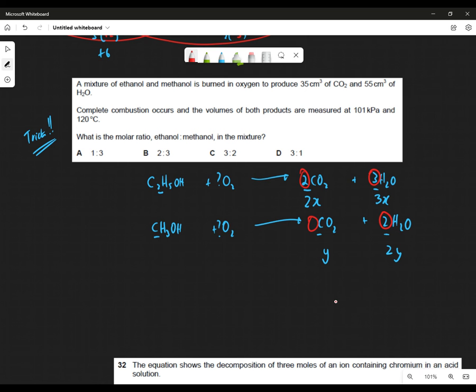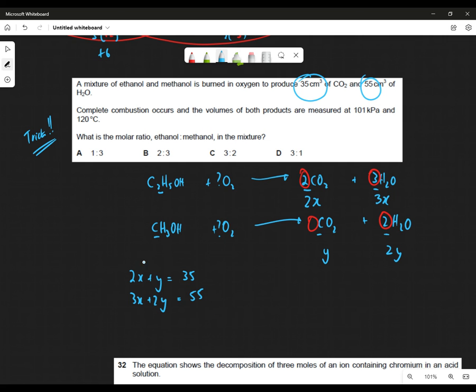All right, now we use these to create a simultaneous equation. We know that 2X plus Y is equal to 35, and we know that 3X plus 2Y is equal to 55. So we've got these 2 simultaneous equations, and now we're going to solve them simultaneously.